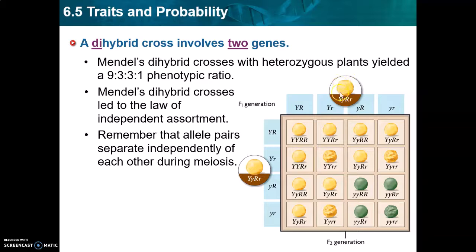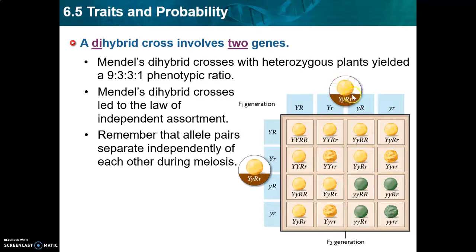We're looking at the color of the seed as well as the shape of the seed. So this is a yellow round seed. Yellow is the dominant allele, and if we look at the shape, round is dominant over this wrinkled recessive allele here. So notice that the parents are hybrids, right? It's a dihybrid cross.